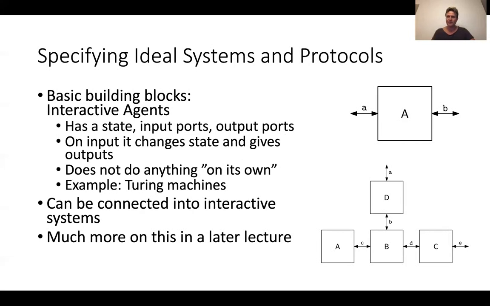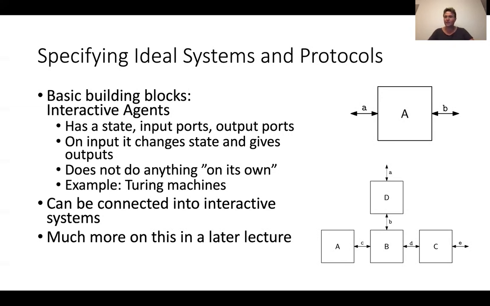So it keeps a state, then it could get an input on a named port like A here, it could get 42 on port A, that will make it update its internal state, and then maybe produce an output over here on B. That's what's called an I/O automaton, something that produces outputs and state changes in response to inputs. We can write down the intended behavior of a system using an I/O automaton.